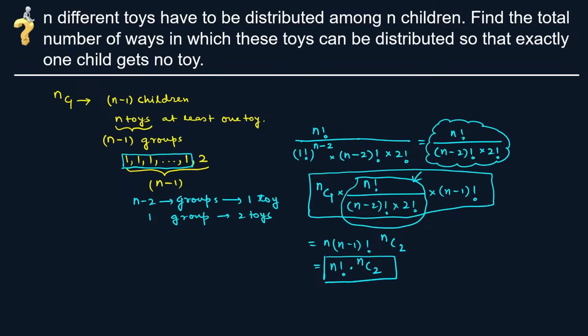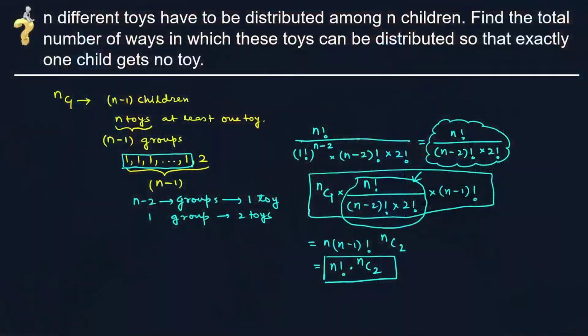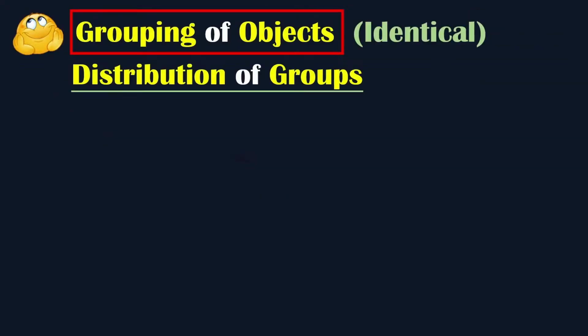So these n-2 groups are identical, and that's the reason I have divided by n-2 factorial, into factorial 2, because one group has two toys. And then you distribute these groups among n-1 children, so I have multiplied by n-1 factorial. That's it. Have you understood this problem? So the answer is factorial n into nC2. That's exactly what we got. Now let's move on to the next concept.